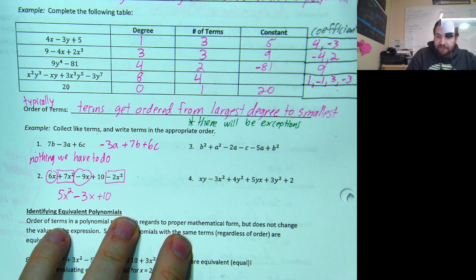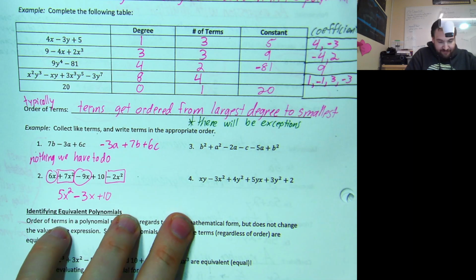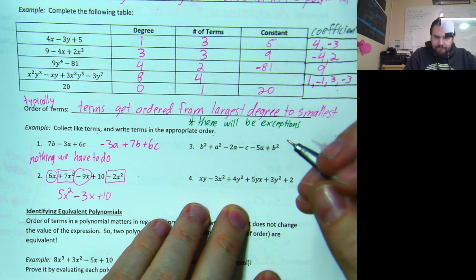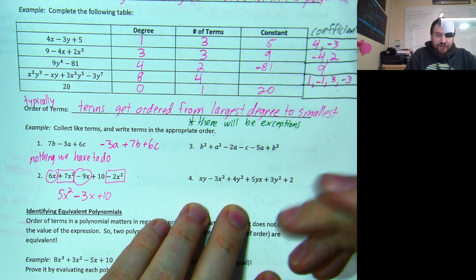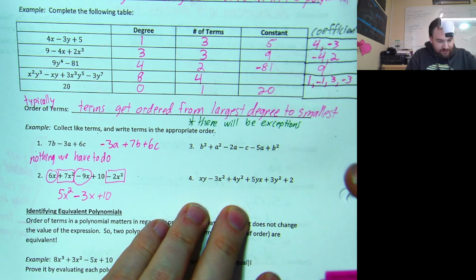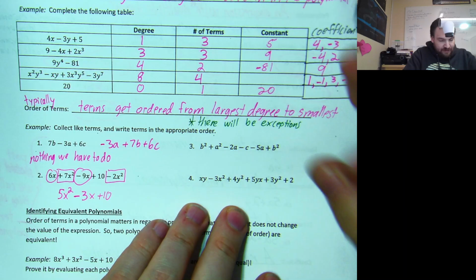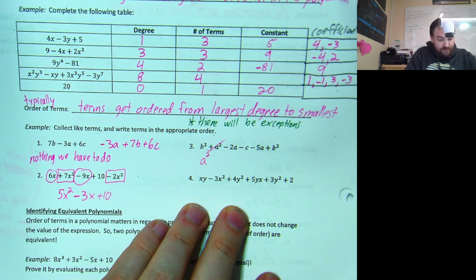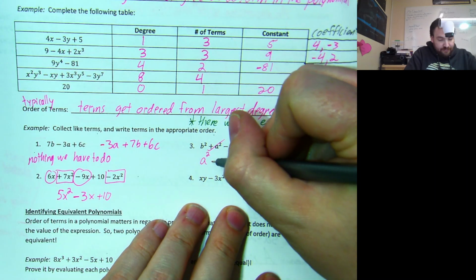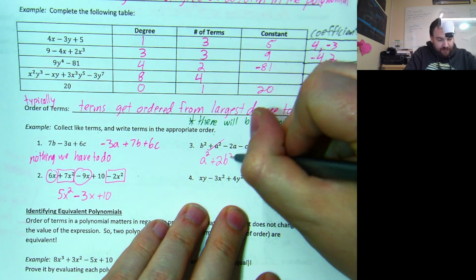Number 3. What's number 3 going to look like? Sorry? Careful, we want to keep them in order of degree from greatest to smallest. So it's probably going to start with a squared, yeah? Good, plus 2b squared.